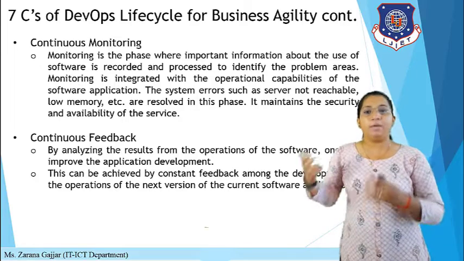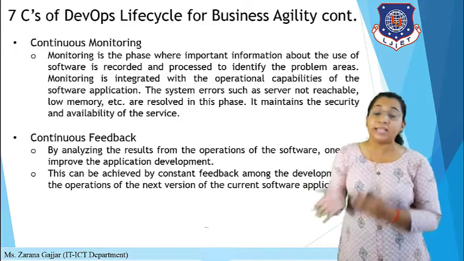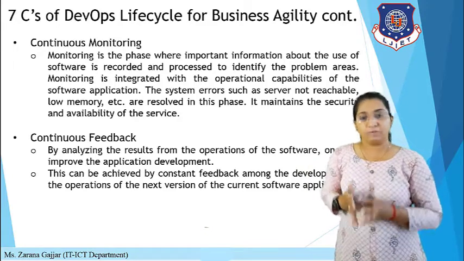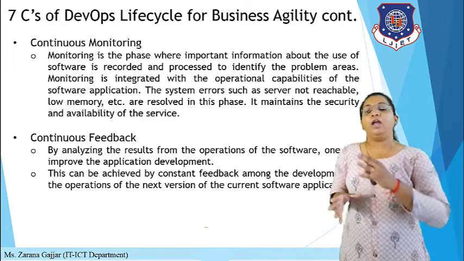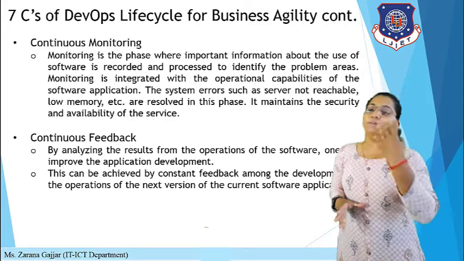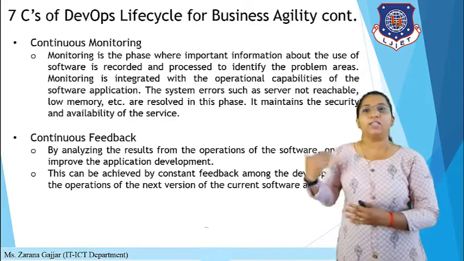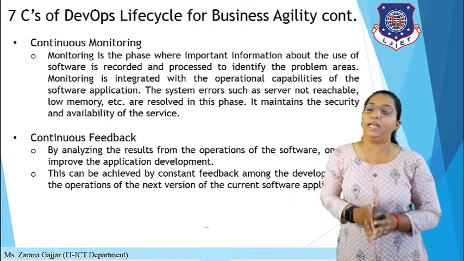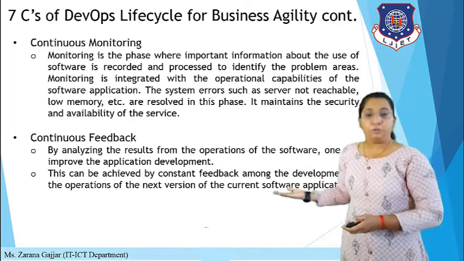Okay, so this can be achieved by constant feedback between the development and the operation of the next version of the current software application. So if the customer gives you some feedback, you adopt it, apply the changes, and deliver the new version of your software. Okay, so this is about continuous feedback.